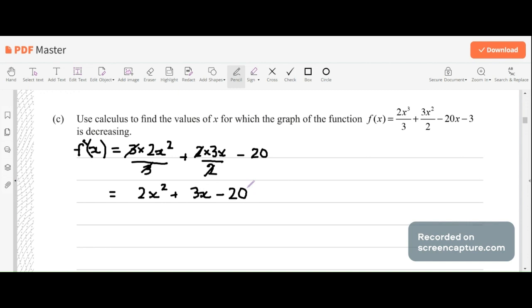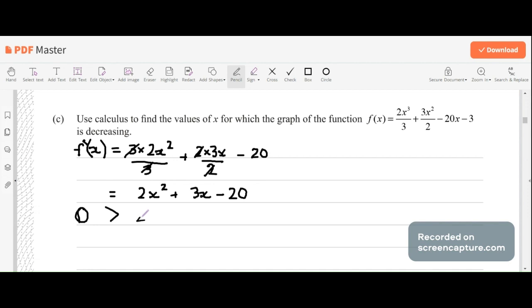The next thing we need to do is make that less than 0, if it's decreasing. So this function here needs to be less than 0 because it's decreasing.